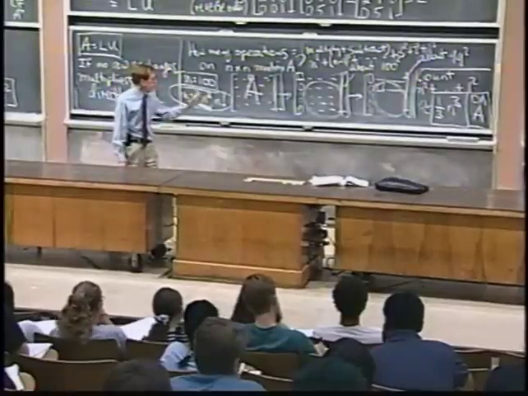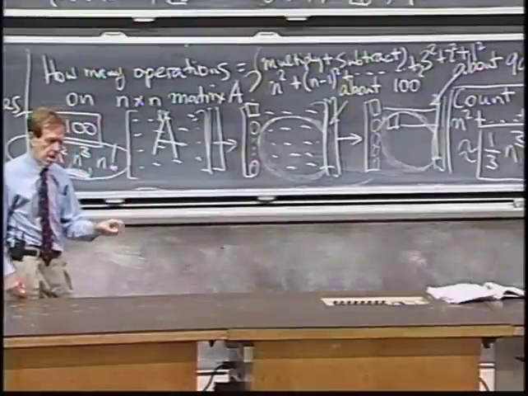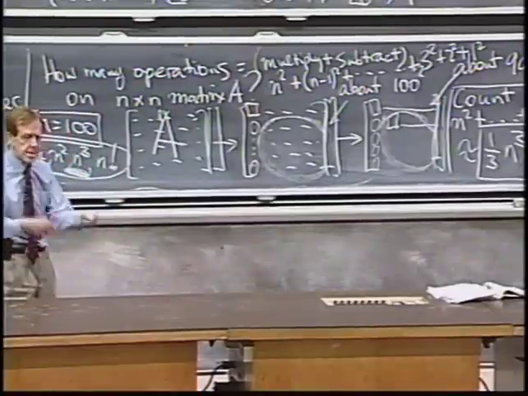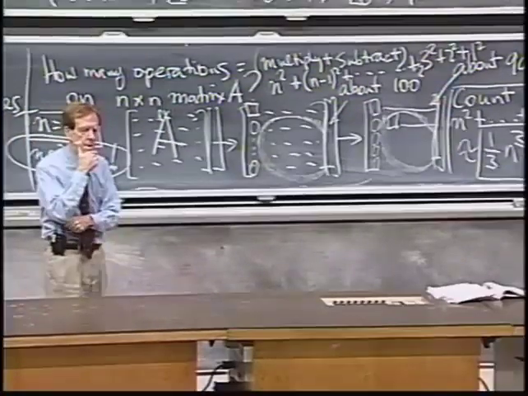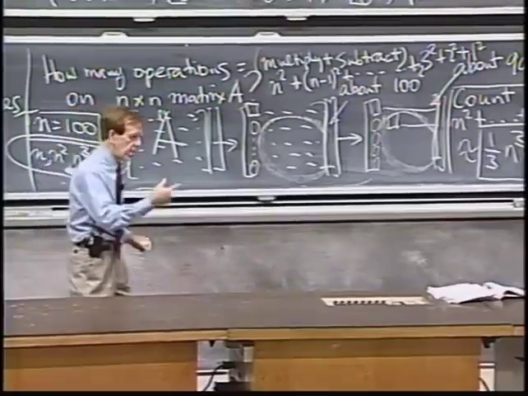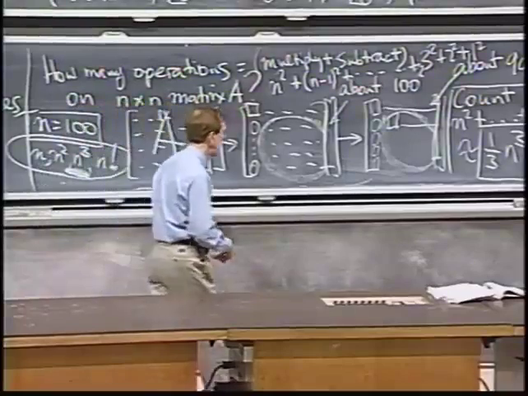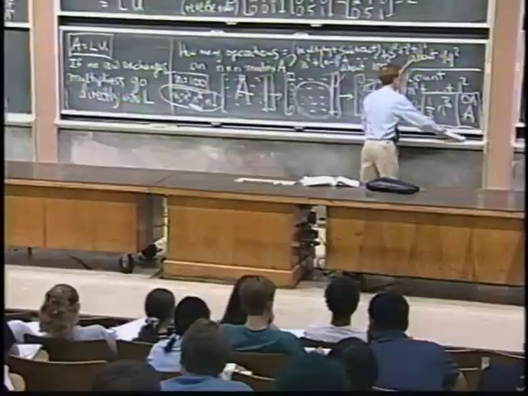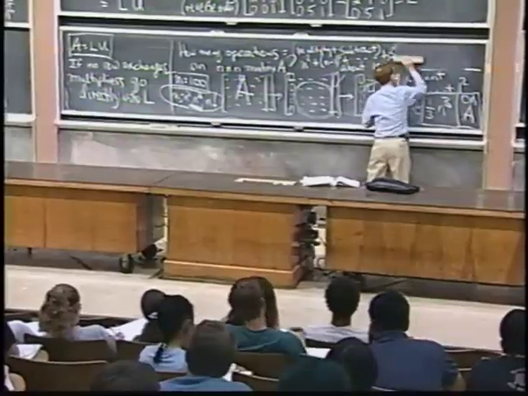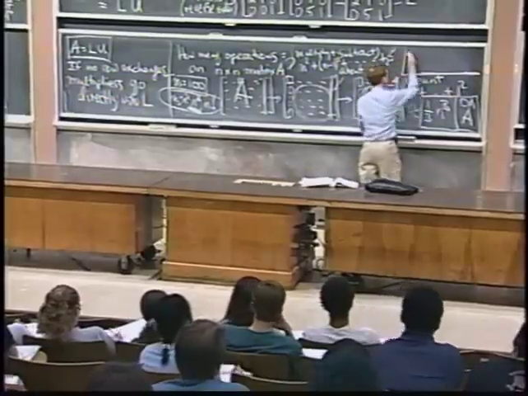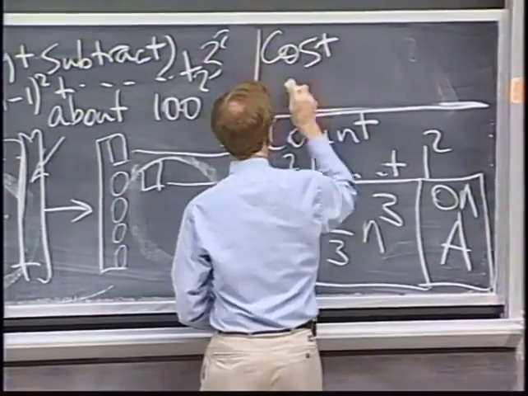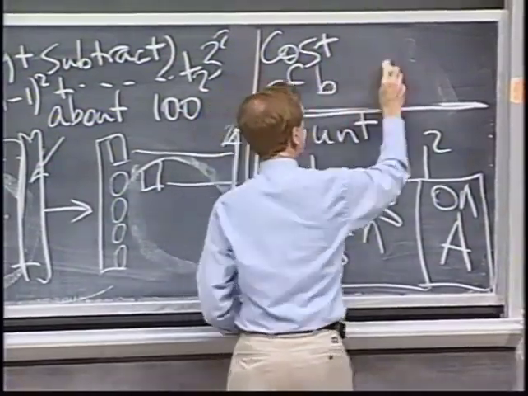We carry it through elimination, and then we do back substitution. Let me just tell you the answer: it's n squared. So the cost for every right-hand side is n squared.